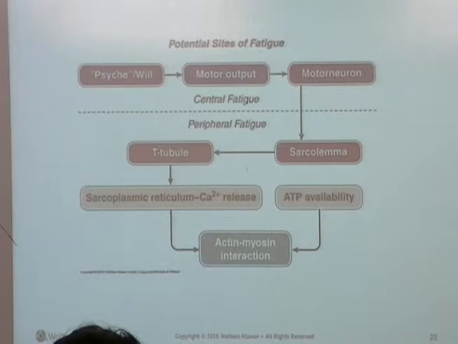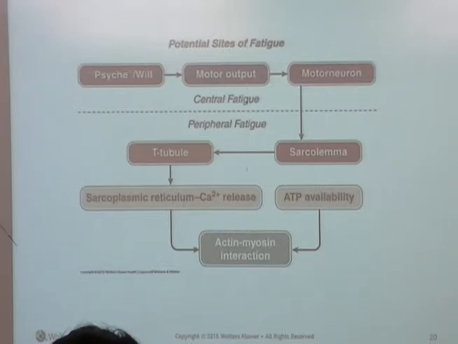Because we talked a little bit about the energy systems, if I don't have any more ATP or phosphocreatine left in my cell, I can't maintain that high power output. I have to slow down. If I run out of carbohydrate, I can't maintain glycolysis.